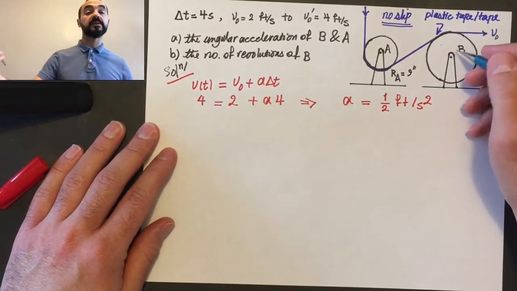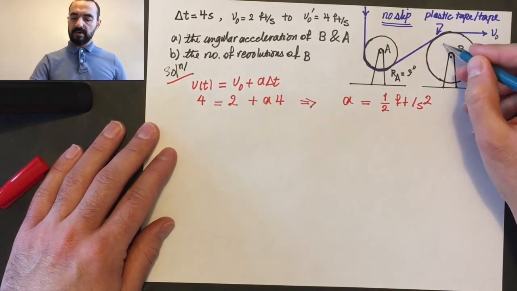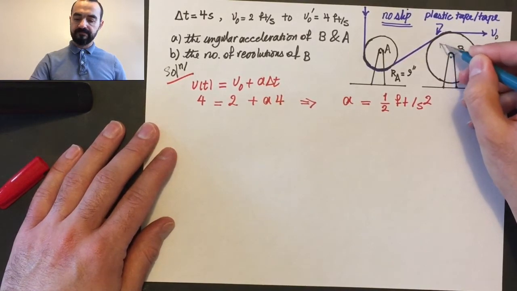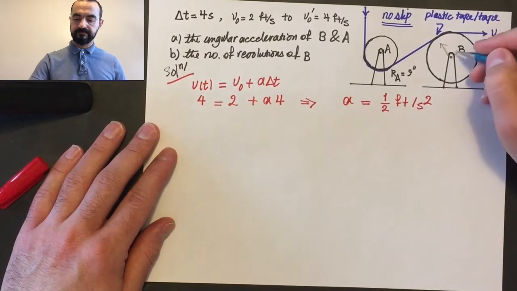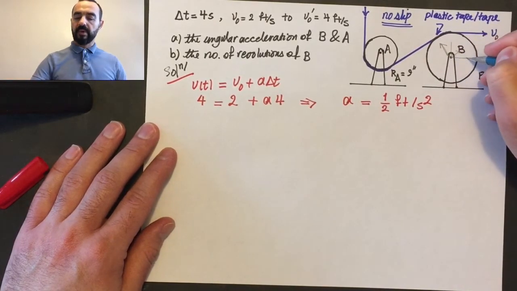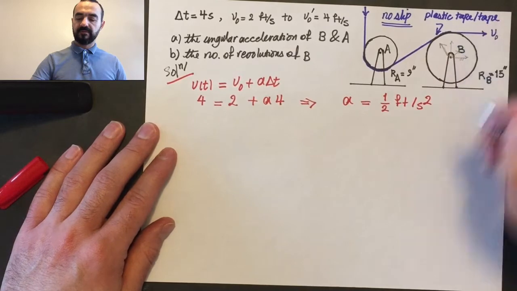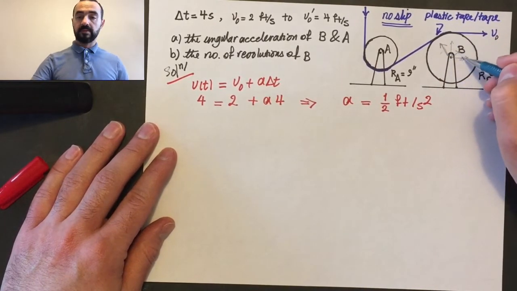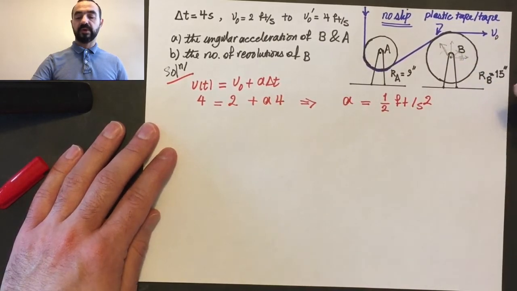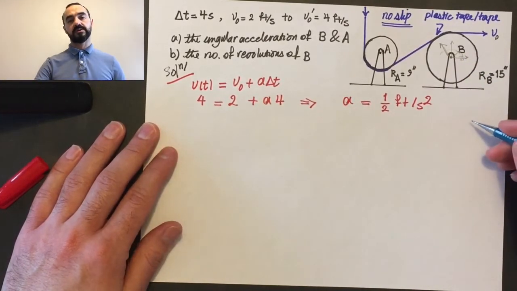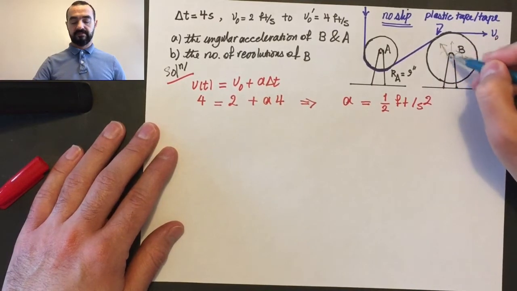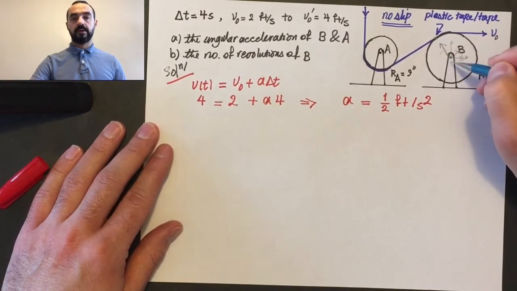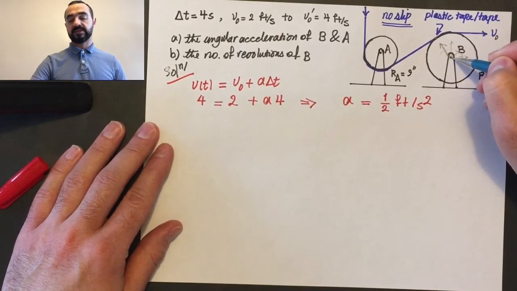If it's easier for you, think about this being your rotating frame, and think about this as your inertial frame. This frame rotates with an angular velocity and angular acceleration, and this point on the wheel only rotates with respect to this point.